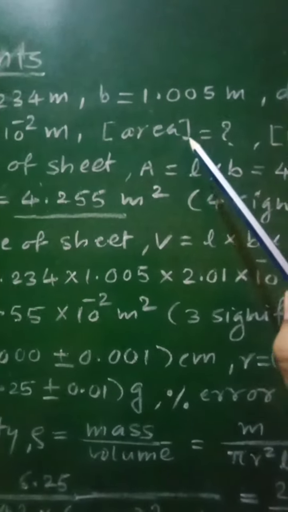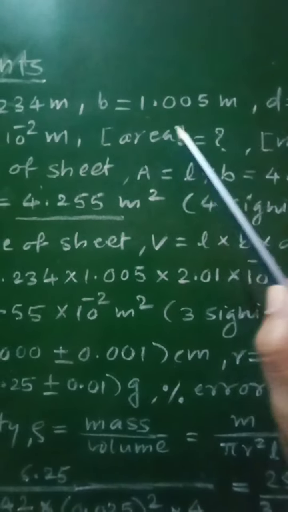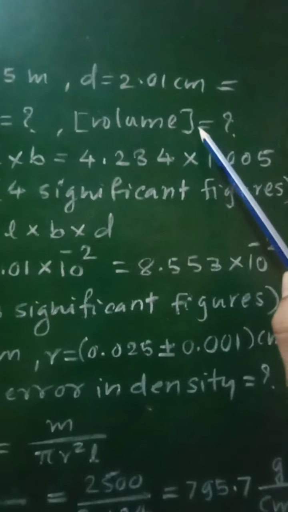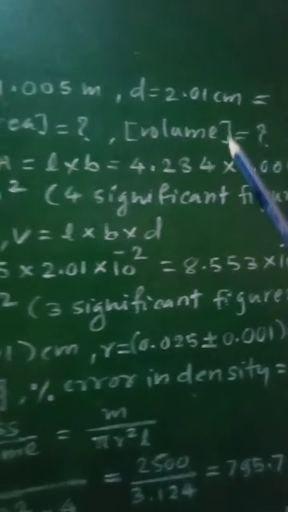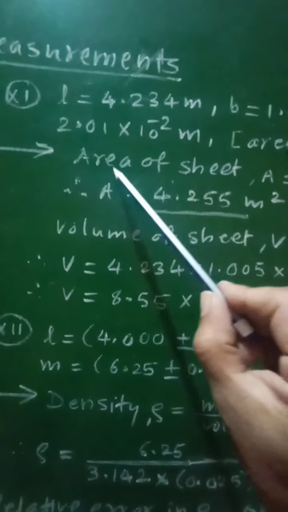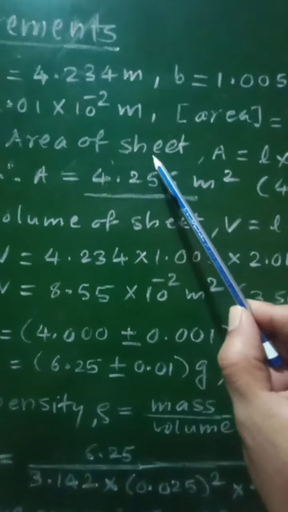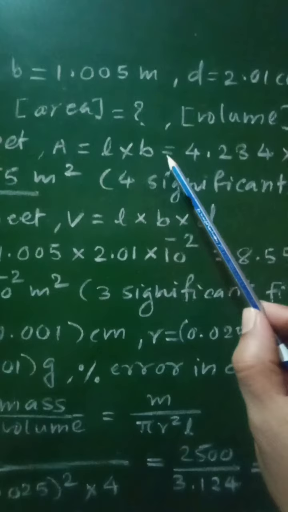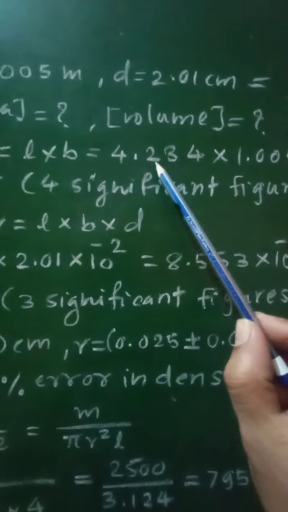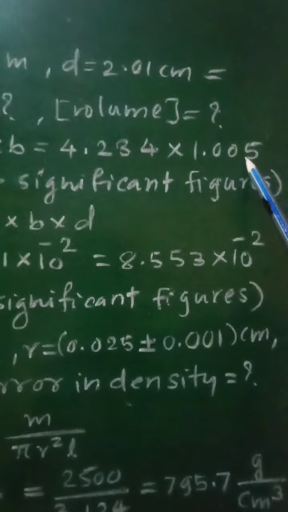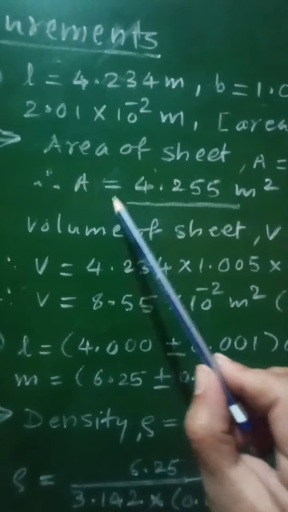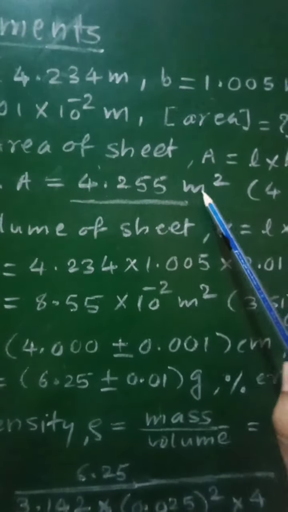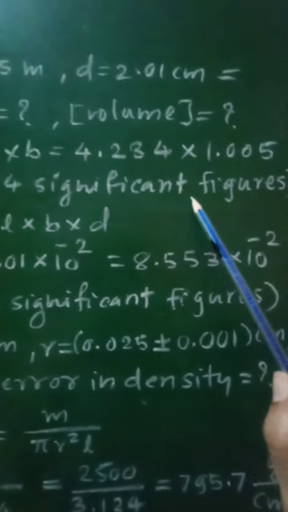Then we have to find out what will be the area and what will be the volume to correct significant figures. Therefore, as the sheet is rectangular, its area A will be equal to length into breadth, that is 4.234 into 1.005, which comes out to be A equal to 4.255 meters square up to 4 significant figures.